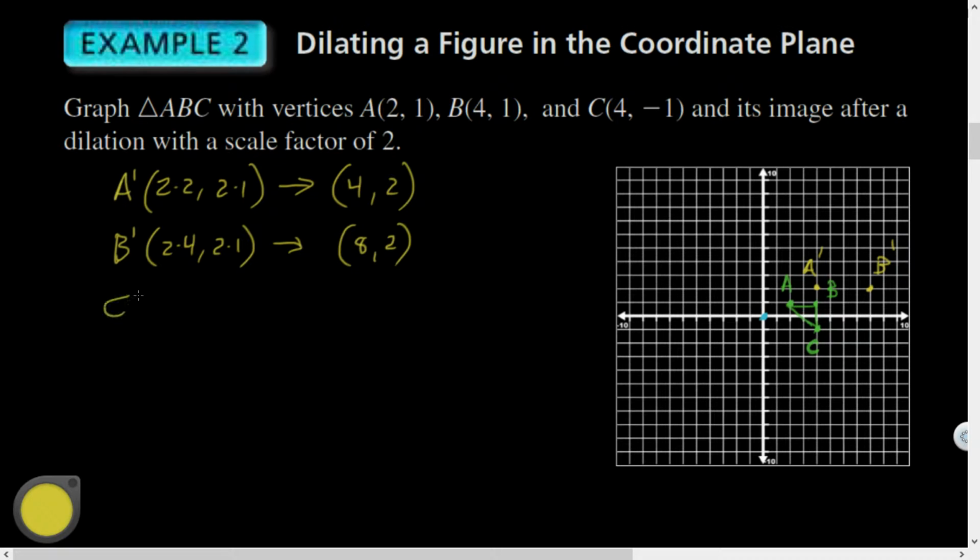And C prime, as you guys can guess, I will just multiply its coordinates by 2, and even with this -1, it will still behave properly. So I'll have (8, -2). There's C prime. What do you know?